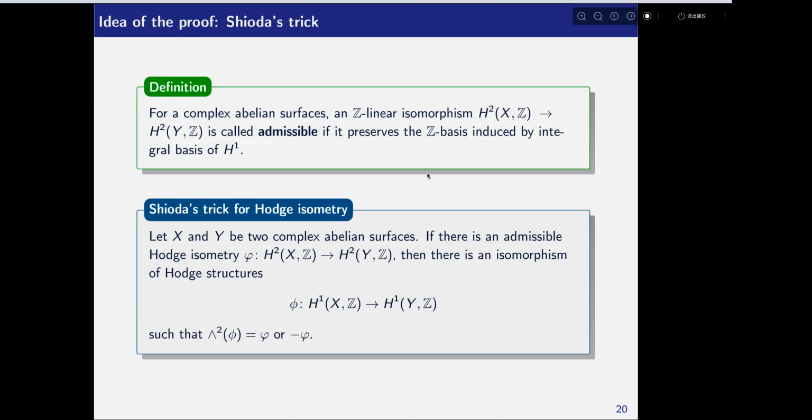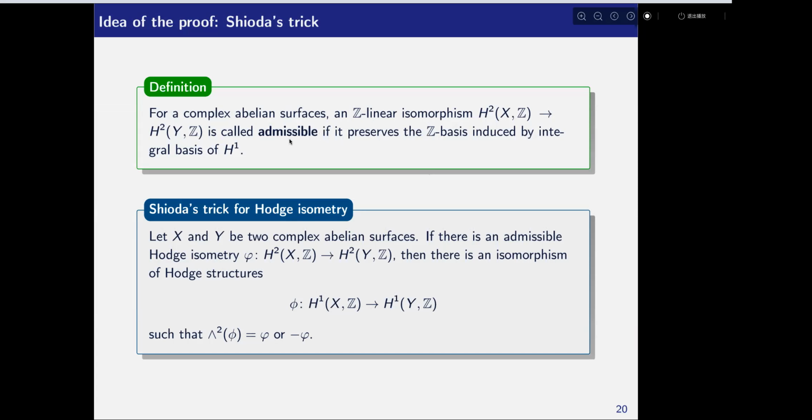So here is the main idea: we follow Shioda's trick. Recall that this is a very beautiful trick that is very successful over C. Shioda introduced the so-called admissible map, an isomorphism between the second cohomology H2 of the abelian surfaces.